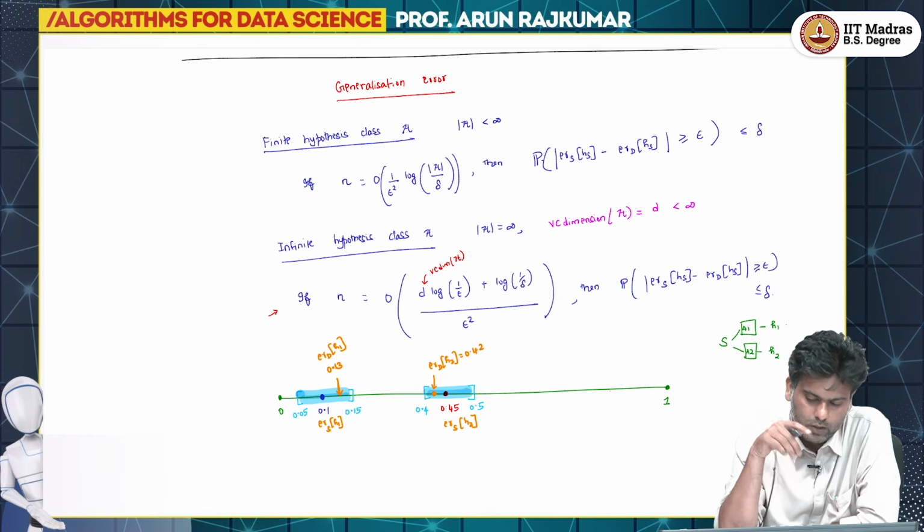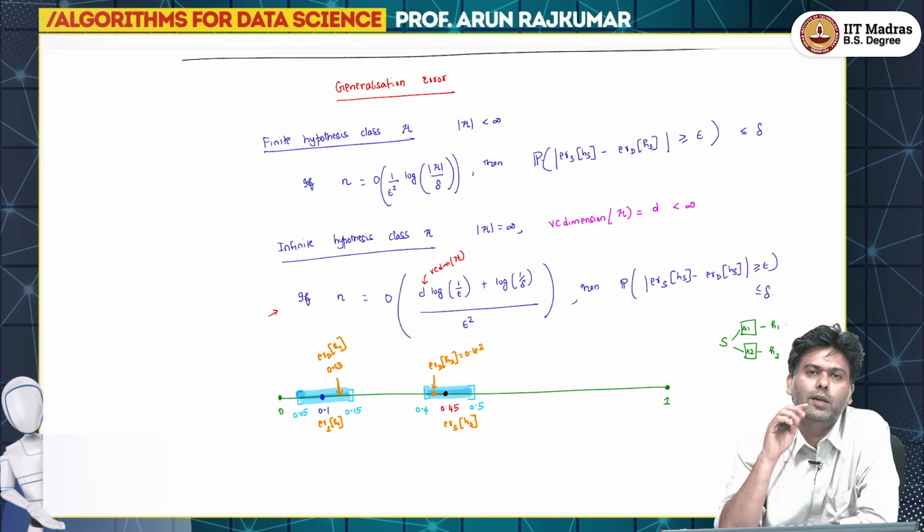So, assume that the test error is in this shaded region. We are not commenting on how good our train error or test error is in an absolute sense. That is not what generalization error is saying.